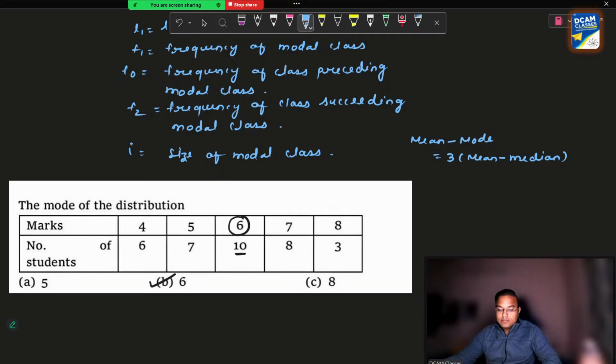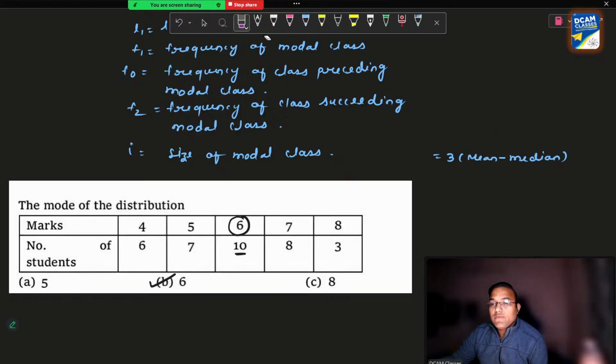Or I'll give you the final one: mode is equal to 3 times median minus 2 times mean.